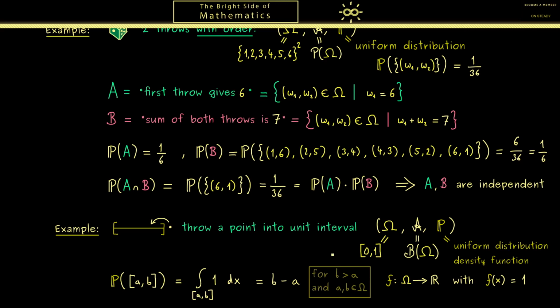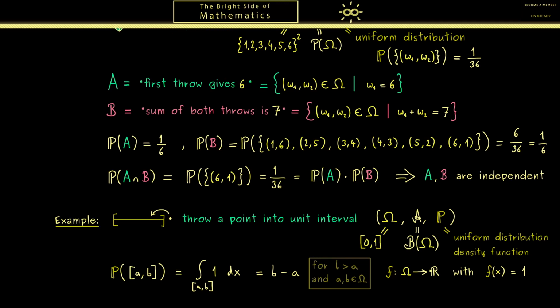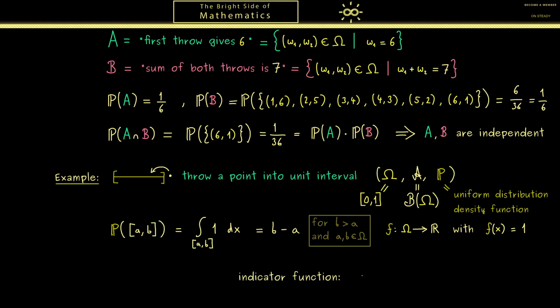I say this because often you see that the whole real number line is taken as the sample space. And then of course, in order to have the same thing, we have to change the density function. Indeed, this is what we then call the indicator function of the unit interval. It's written as such a 1, where a set is in the index. The definition is very simple, we only have two values, either 1 or 0.